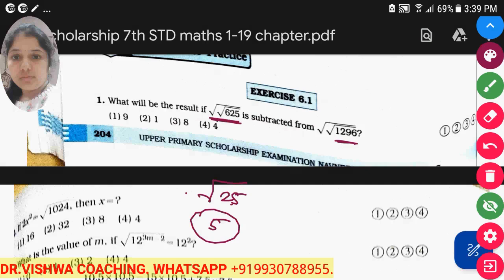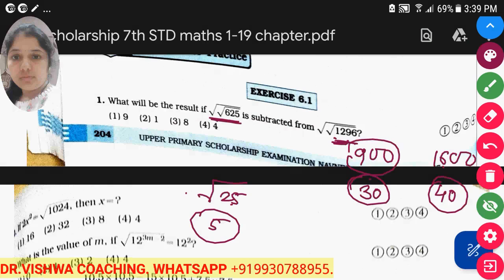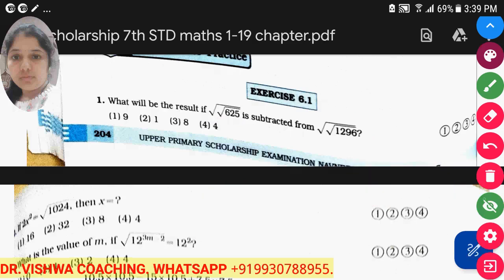Now 1296 I don't know, but it is a perfect square, and as it ends with 6, it is in between 900 and 1600. 900 is the square of 30 and 1600 is the square of 40. Now 1296 is more towards 900 rather than 1600.